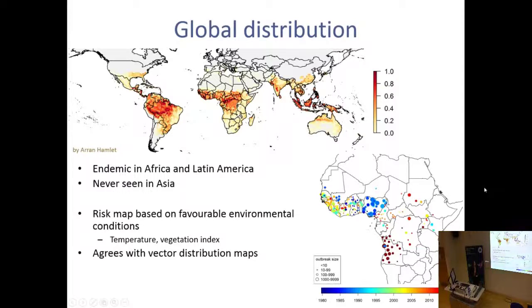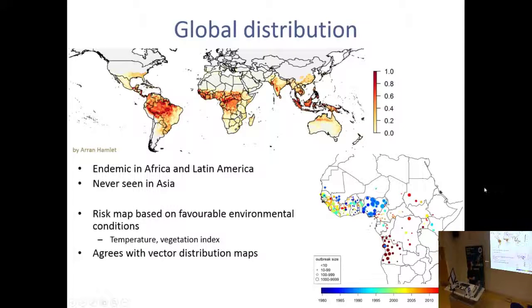In this example, we've just used temperature and the vegetation index to get a risk map for yellow fever occurrence. And that's what you get here in Africa. And what we've done then is to extrapolate that to the rest of the globe. And we get a high risk here in Latin America, for instance, where yellow fever is also endemic.